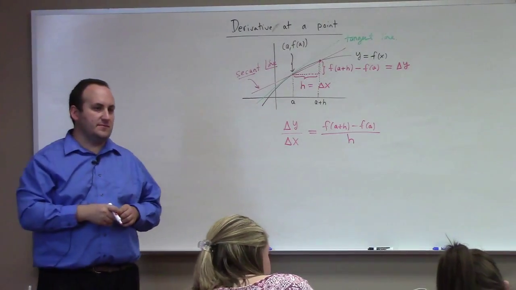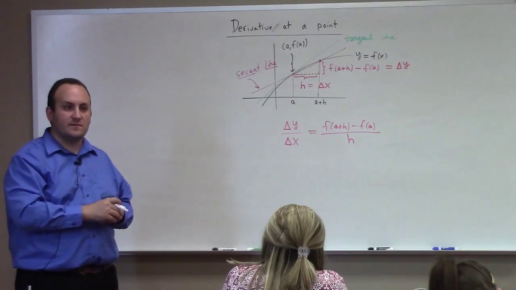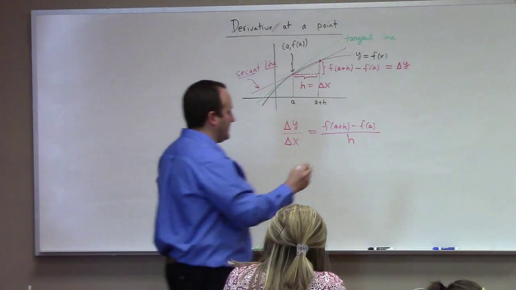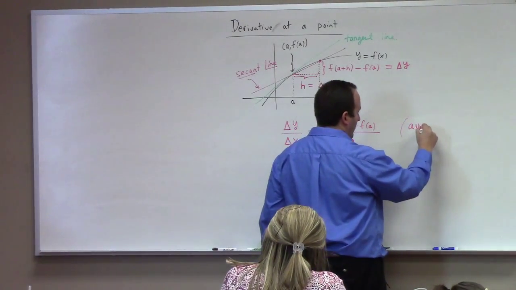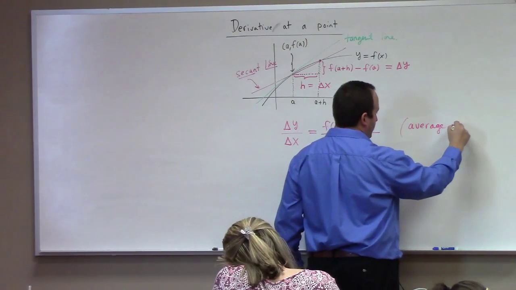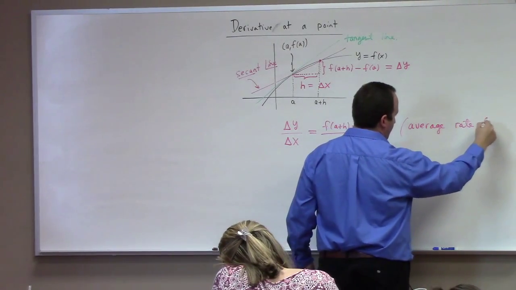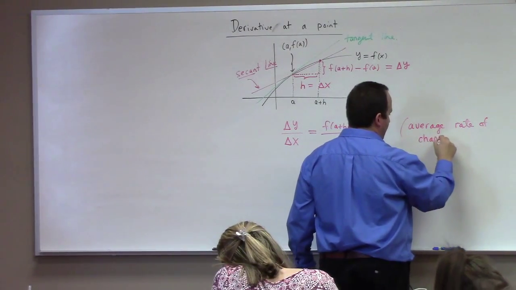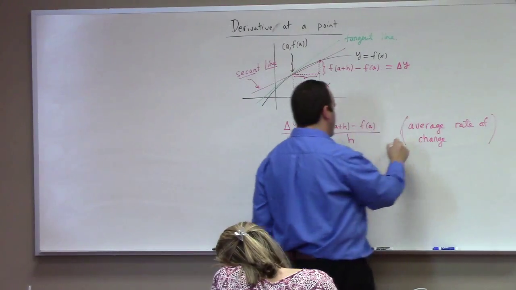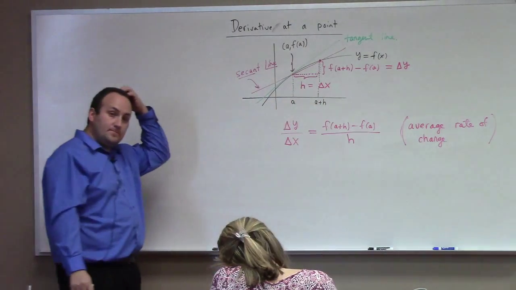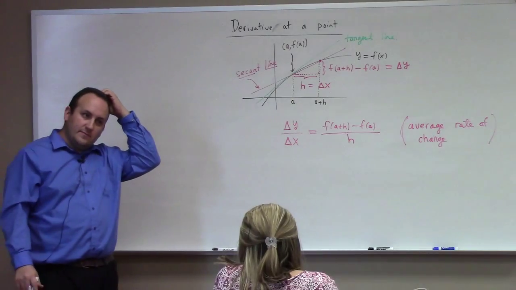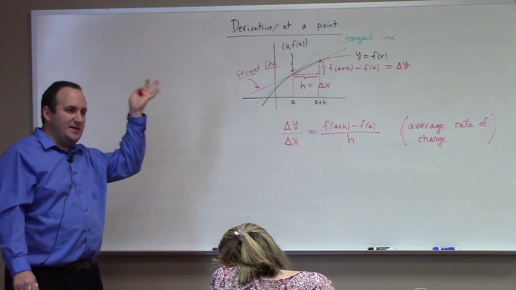This is a so-called average rate of change. So the average rate of change is identified with the slope of a secant line. And it's by no means a unique thing.